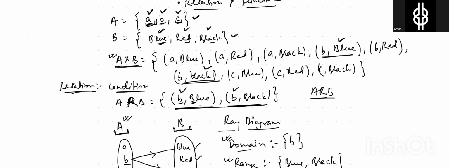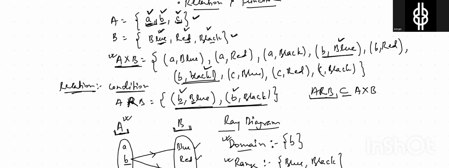What do we mean by this? If you have a little understanding of the chapter sets, you'll be able to say that whatever relation we are writing here is going to be a subset of A cross B. Now it may happen that all the elements are related to all the elements. It's just a subset.